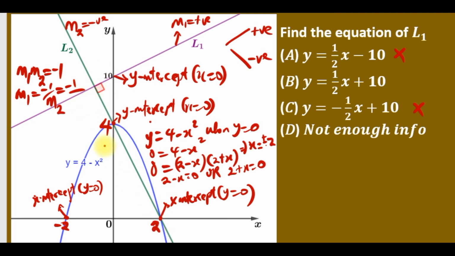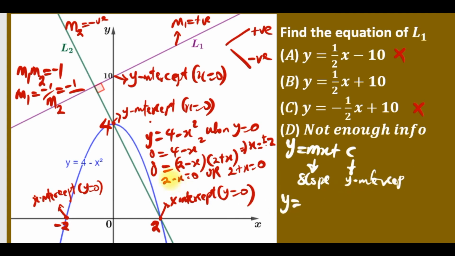So let's get the equation of this line using slope-intercept form, which is y equals mx plus c, where m is the slope and c is the y-intercept. From this we can get the slope. Slope is change in y over change in x, which is 4 minus 0 over 0 minus 2, plus our y-intercept.